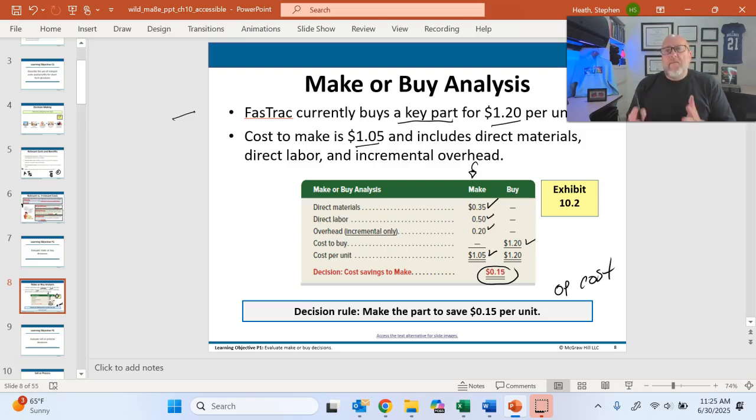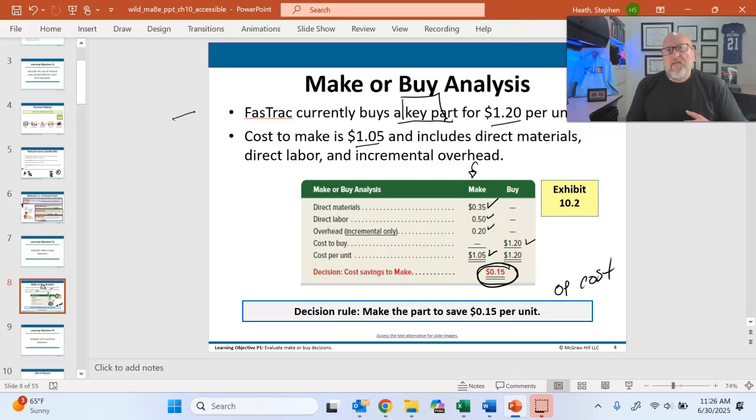I agree that making this particular part is less expensive than buying it. Okay. But if I was making, I don't know, 50 cents in profit on some other product, and I couldn't make that product because I was now making this key part, then I'm losing 50 cents of profit in order to make this for 15 cents less.